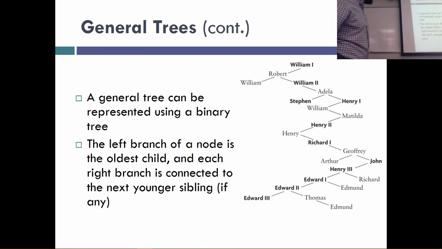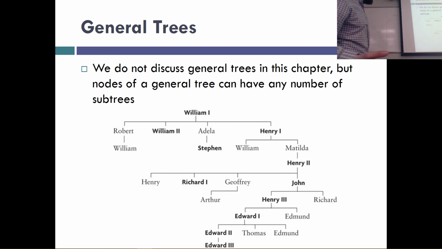But basically there's always a way to present these general trees as binary trees. Especially when you can only have one parent, right? If you have one parent, you can do that. If we have two parents, well, in binary trees you can only have one parent, so that suddenly becomes a bit of an issue, right?